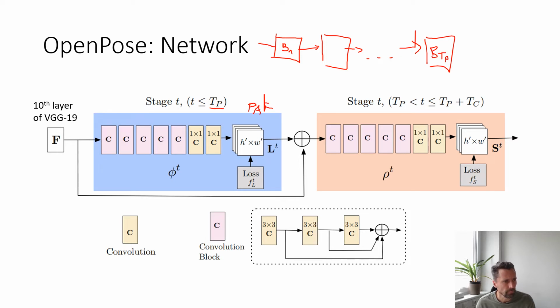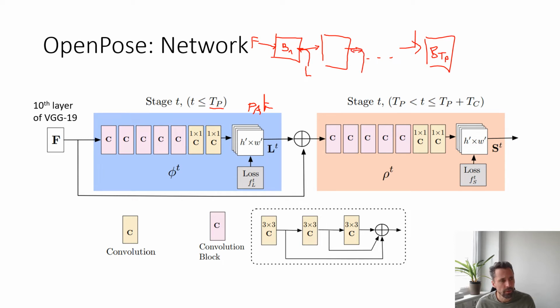Now, F goes in, and at each block, we produce this part-affinity map. And we can use a comparison with the ground truth part-affinity fields to produce a gradient that then helps optimizing each of these blocks.